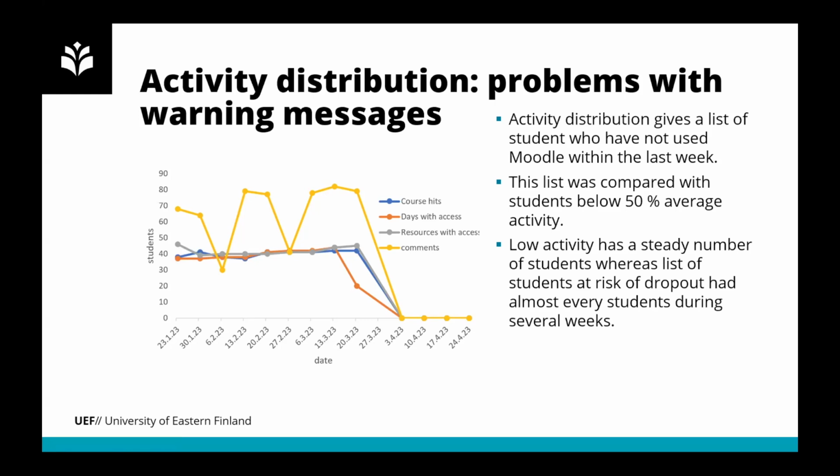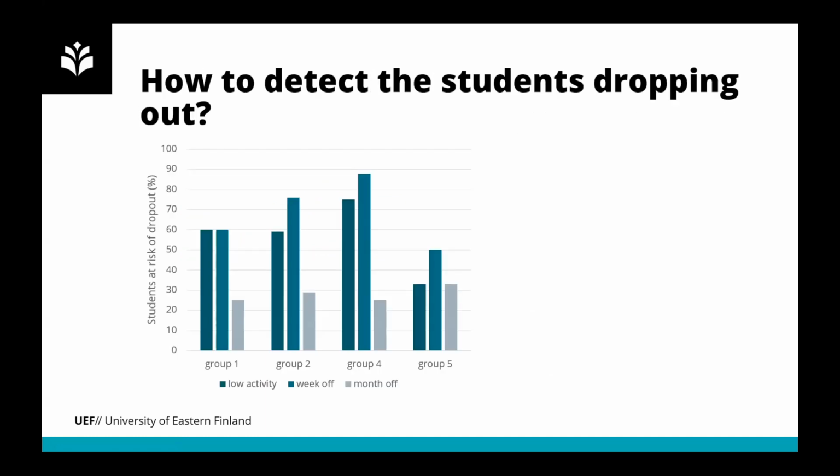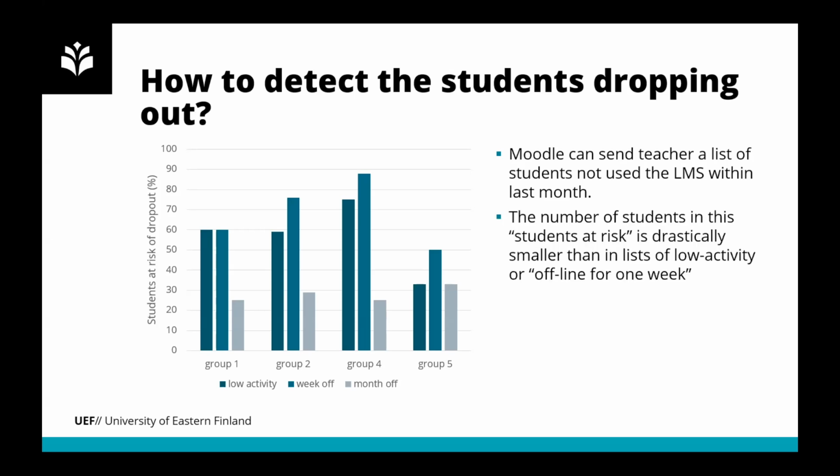And we can see that all the other lines are pretty much constant, but this one is actually giving information that all the students are at risk, and that's of course not possible. Or we can even have a list that the student Moodle is sending to teachers of those who have not been present during the last month, and it's a quite limited number of students.